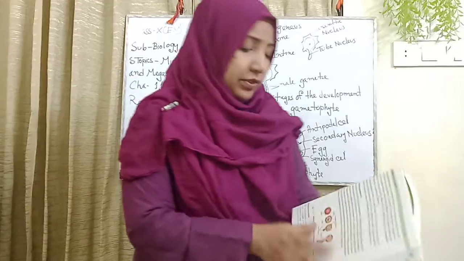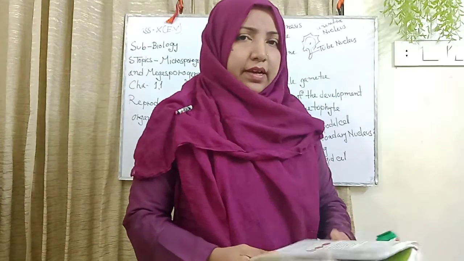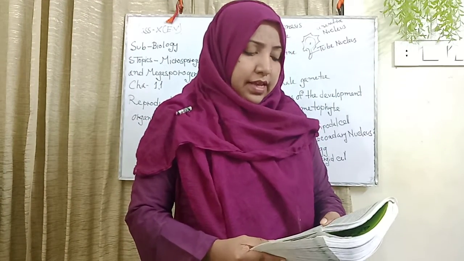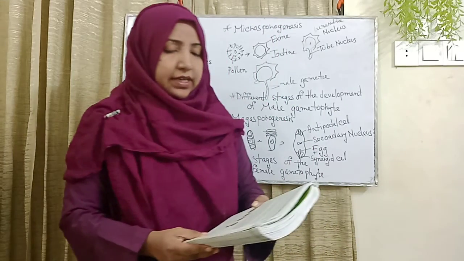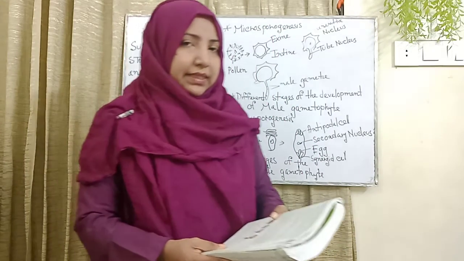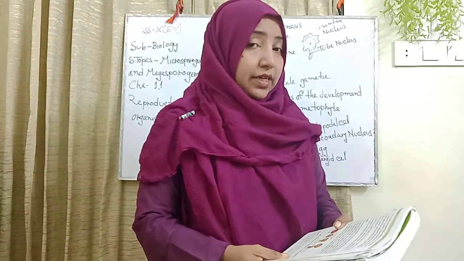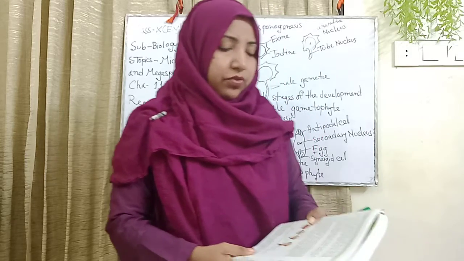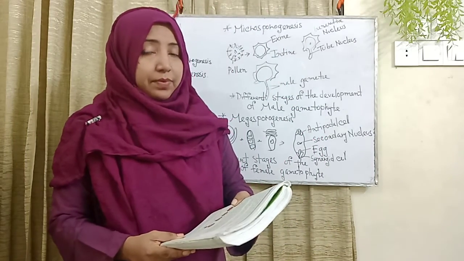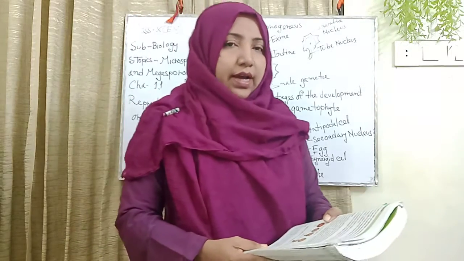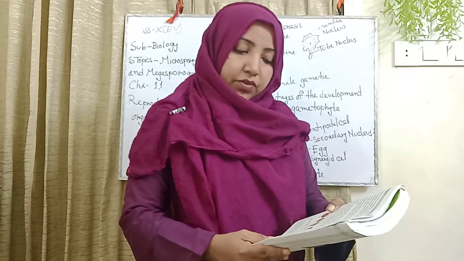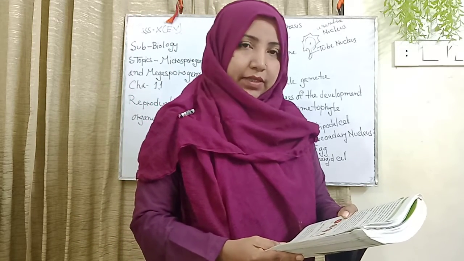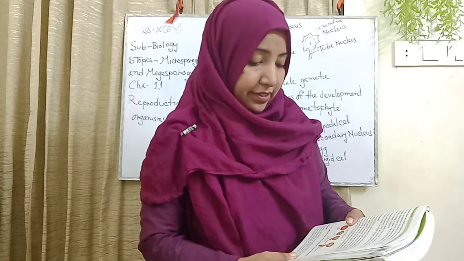Here is microsporogenesis. A pollen is the first cell of a gametophyte. The pollen mother cell is diploid, also called 2N, and produces 4 daughter pollen cells by meiosis. Soon after becoming mature, harboring in the pollen sac, the pollen starts to germinate.